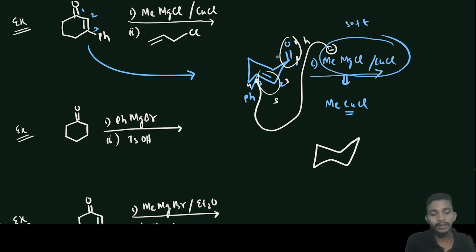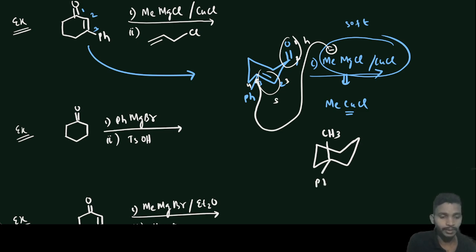The reason is that there is no other option, because on one atom there are only two ways of attack, one axial and another equatorial. Now the equatorial is already filled, so only one way is left, that is the axial position. So it will attack the axial position. Here we will have CH3. Although 1,3-diaxial interactions happen here, there is no option, so it has to do the axial attack.